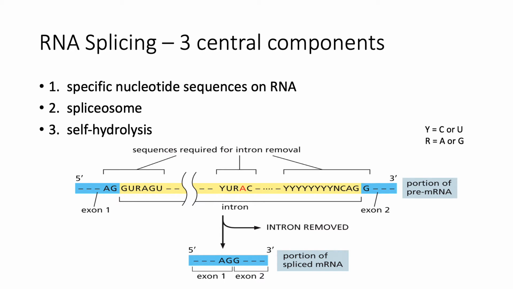But here what I want you to see is that there is additional information encoded in the DNA. And that is the location of the exons and the introns. This is nothing that we can just look at and easily say, oh, there's some information there. But that is information encoded in the DNA that once in the RNA dictates where the splicing is going to take place. Okay, so let's look at the spliceosome.